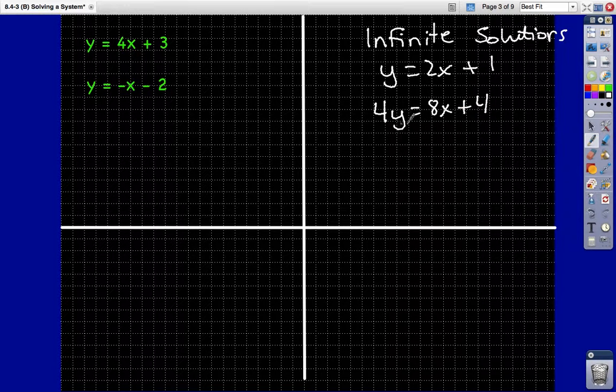If I solve this bottom equation for y by dividing everything by 4, look what happens. I'm left with y equals 2x plus 1. So the two equations are really exactly the same thing.